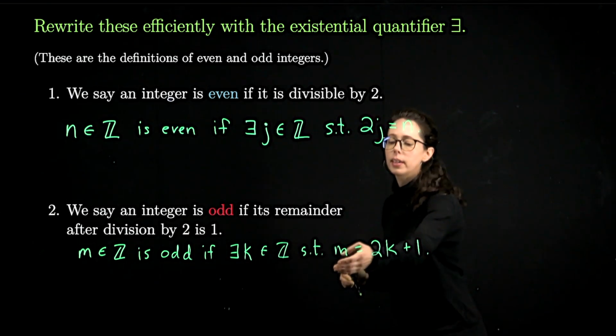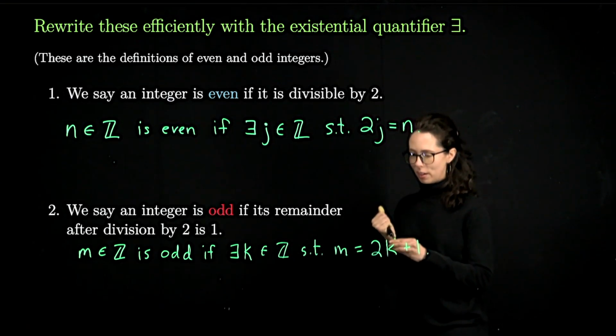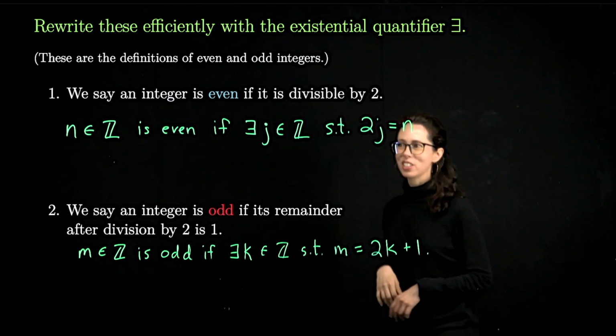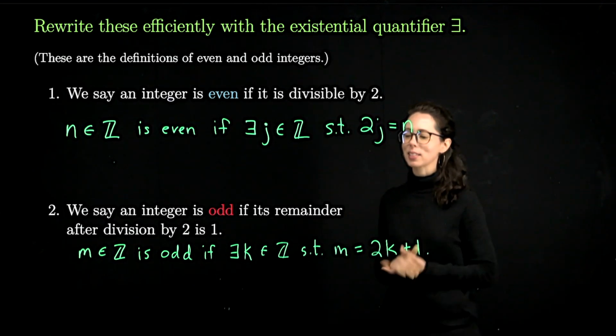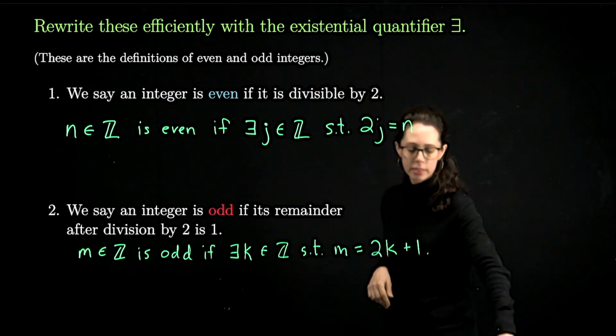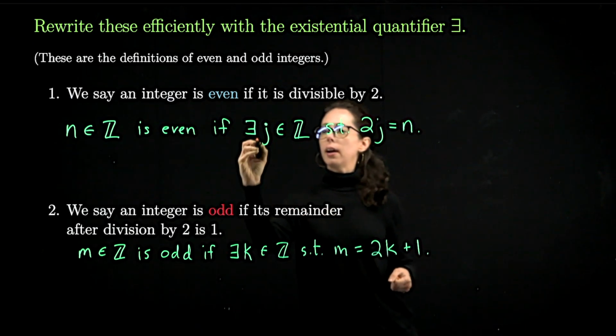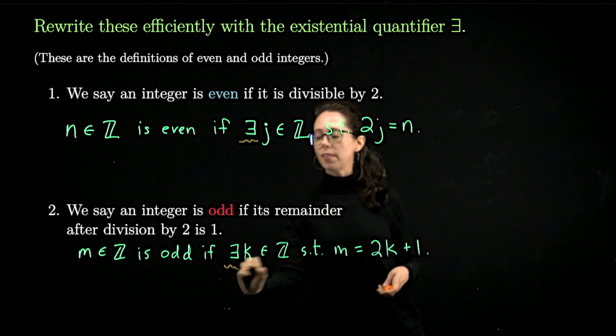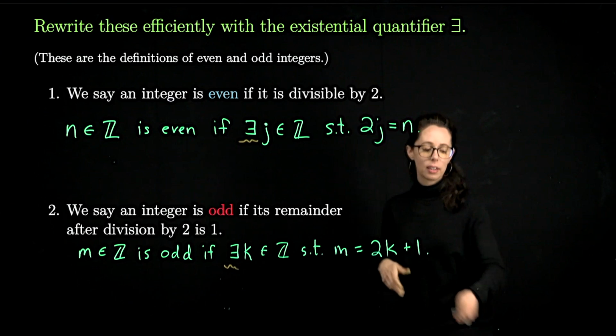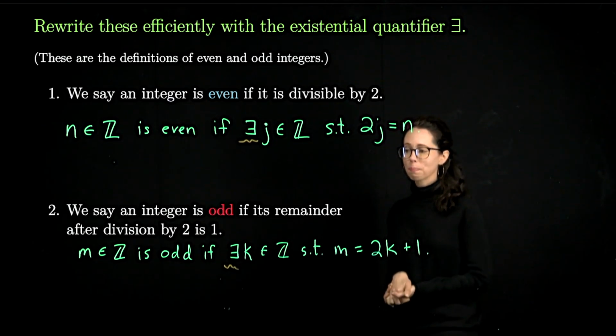For example, 11 is 2 times 5 plus 1. All right, this was a little bit harder to translate from these definitions to these statements with the existential quantifier, but I hope you see how this idea of finding something is coming into these definitions here.